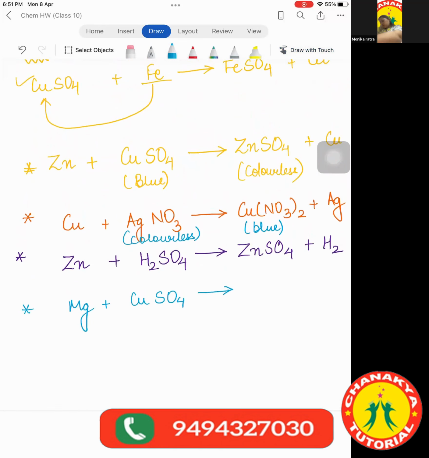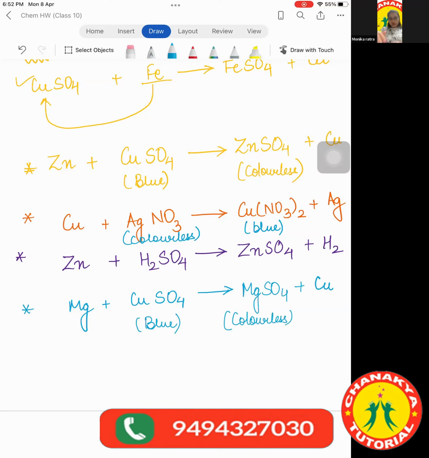Okay, children. So the product which will be formed is MgSO4 plus Cu. Again, CuSO4 is blue in color. MgSO4 is colorless. Let us come to the next equation.